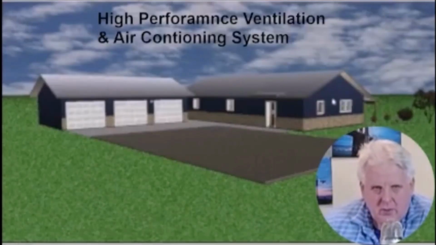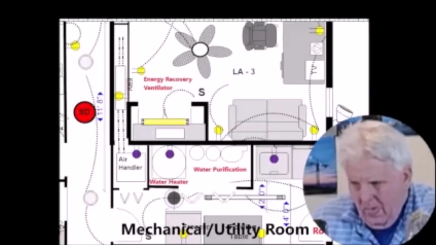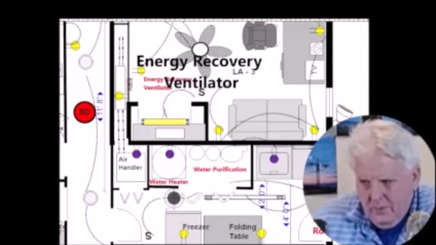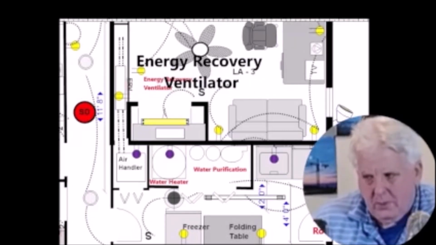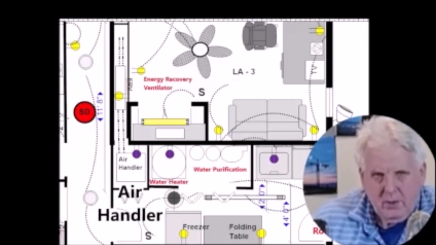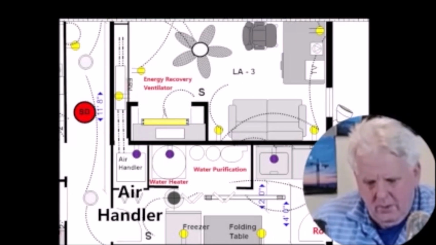Okay, let's look at what we added for the air conditioning and ventilation systems. Looking at the mechanical room that we laid out here, one of the things we did for ventilation was bring in an energy recovery ventilator. Both of the units we put on the first floor, as we talked about in the other video.